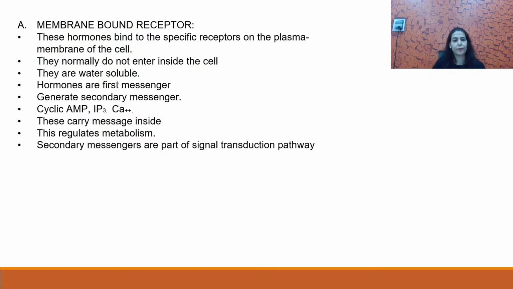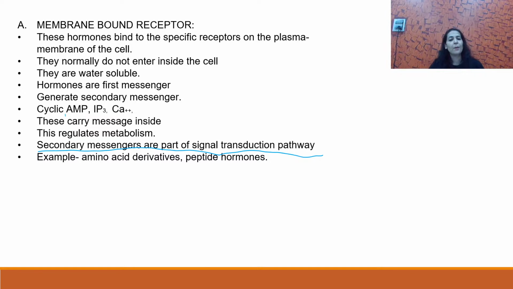Secondary messengers are the part of signal transduction pathway. We will learn that; we have the diagram with us. Example, amino acid derivatives and peptide hormones. I just now told you that proteinaceous hormones are water soluble. They have membrane bound receptors.